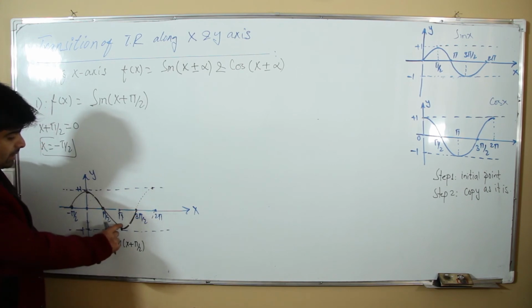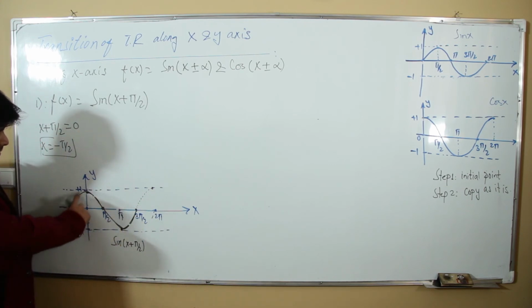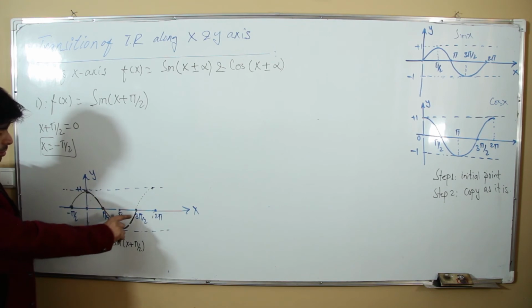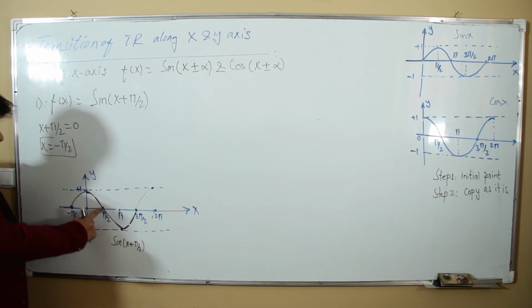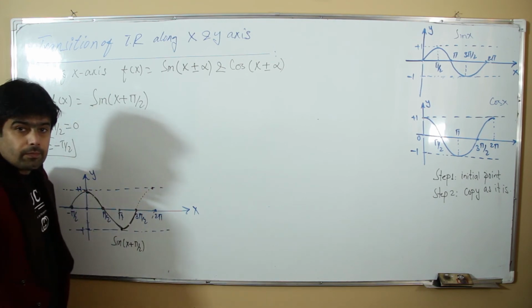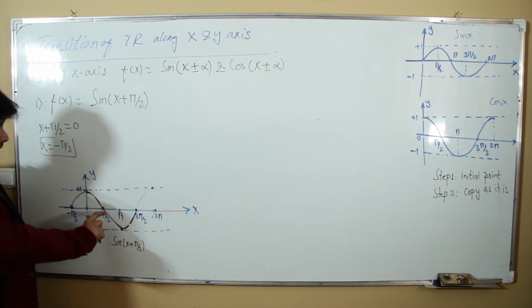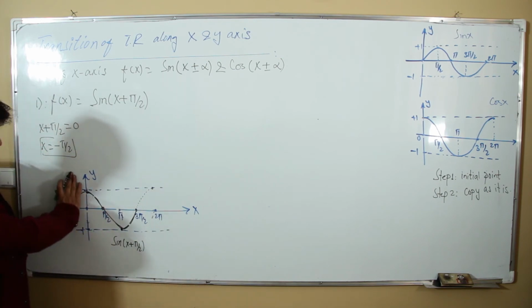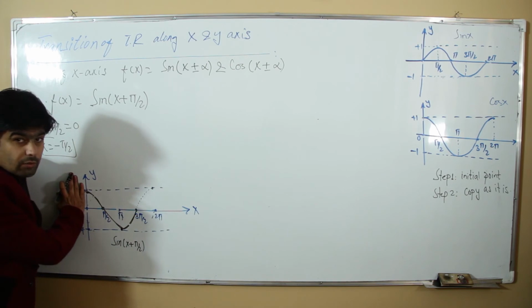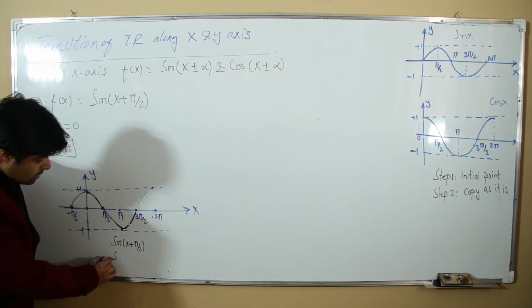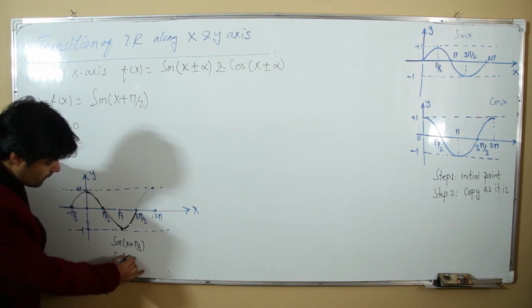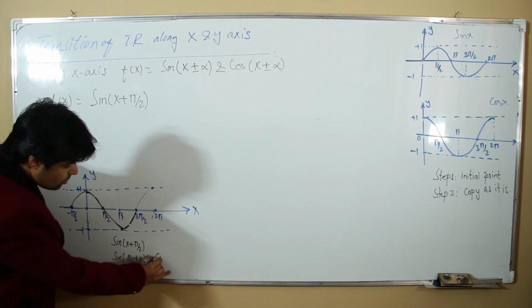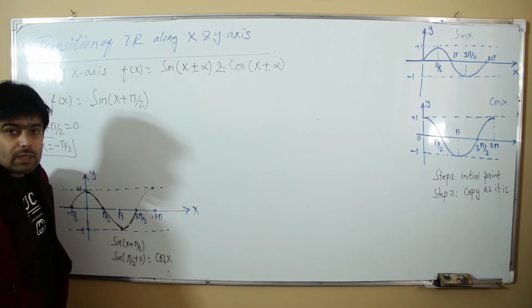If you deeply focus on this graph, it is the graph of cosine. Why? Because it starts from here. From here, this is our cosine graph. Also we had that sine(pi/2 + x) changes to cosine. We have studied that in the previous lesson.